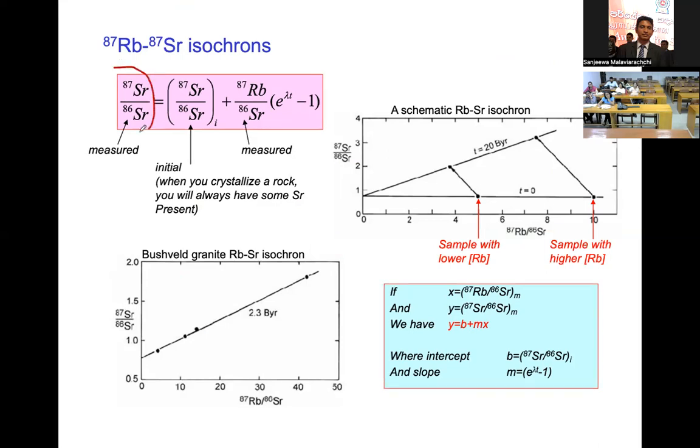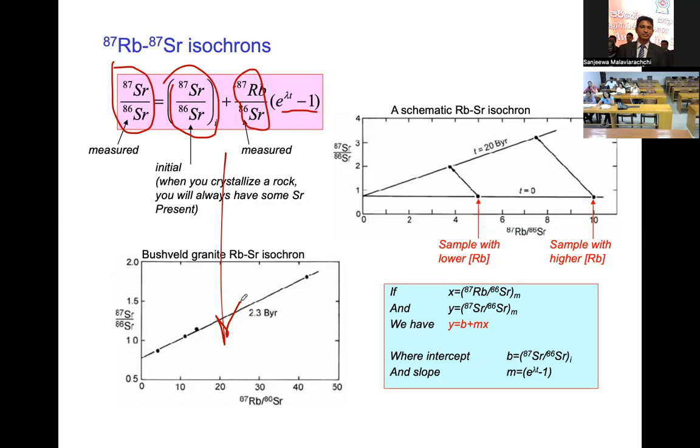Any present day isotopic system, any initial isotopic composition, and any parent daughter ratio which is available today, and the respective lambda to be applied, and you can find out the time, right? If they remain in a closed system, you will come up with an isochron like this. Otherwise, you don't get a meaningful isochron.